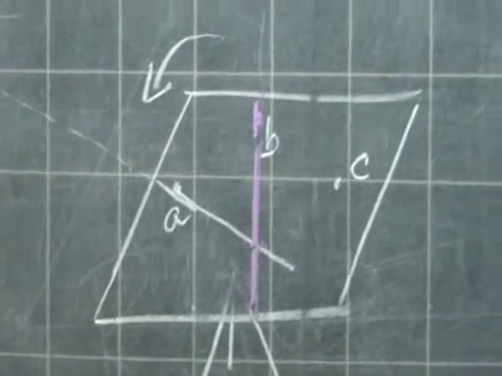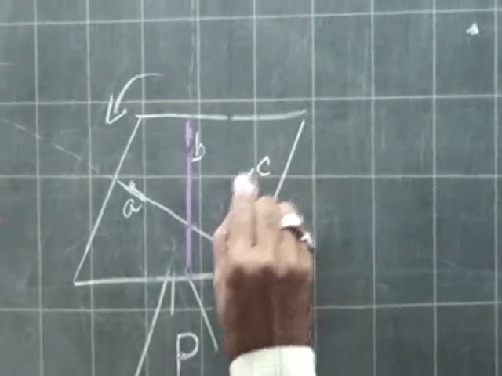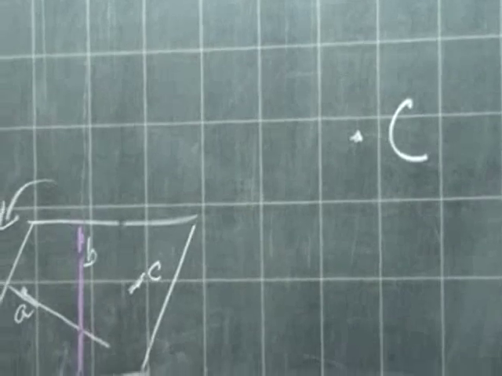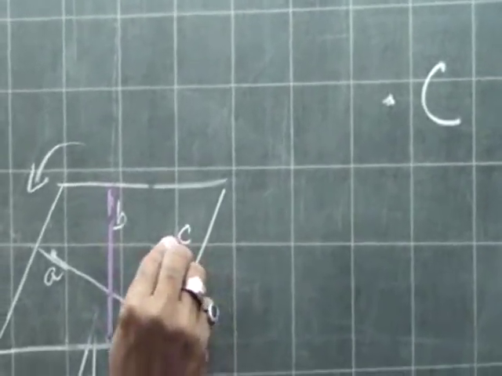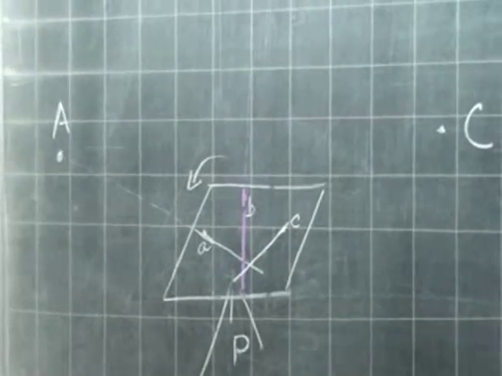Now we keep our alidade at c and bisect the ground point capital C, and then draw the ray, extending our ray.